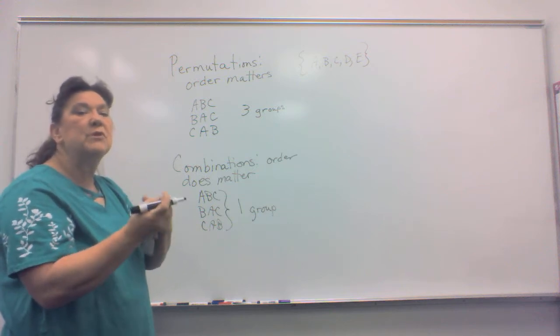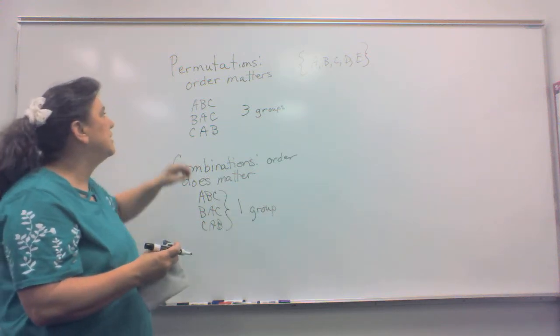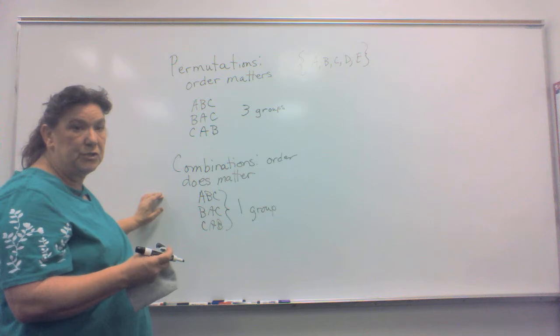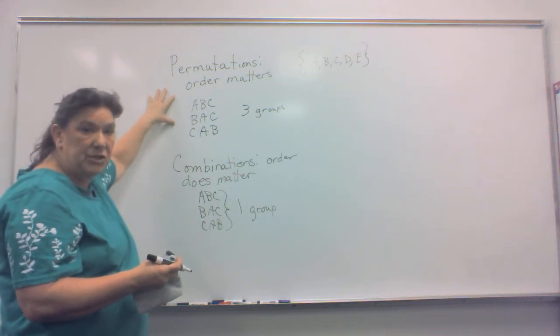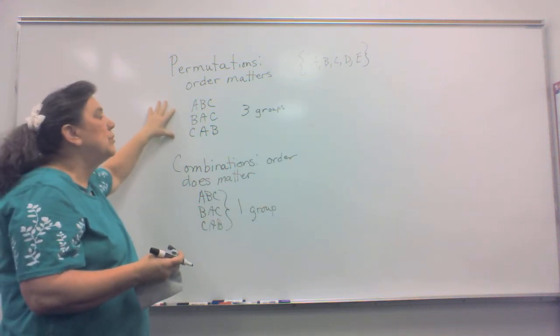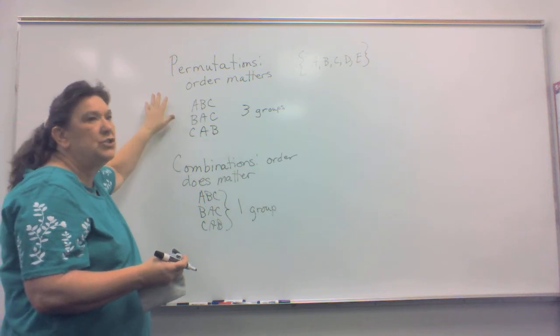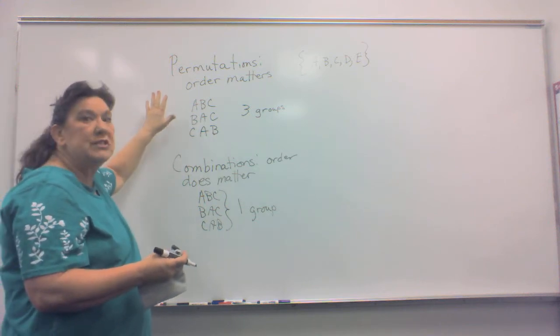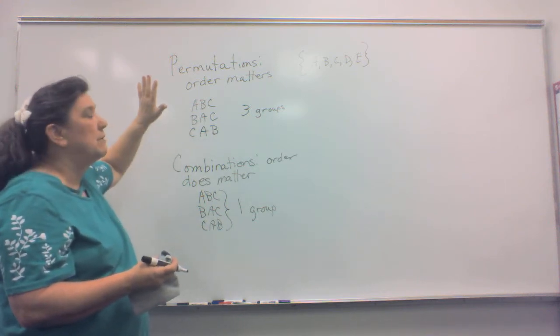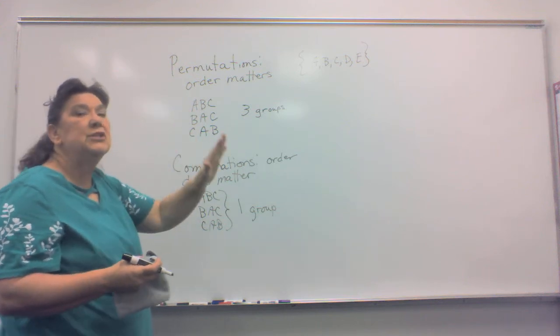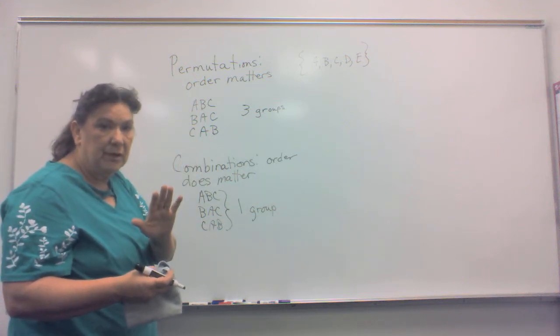So those are some of the words you're going to be looking for to tell you which one you're going to choose. If it's permutations, you're going to be looking for words like positions in a line, first, second, and third place, something that each thing differs. Okay?